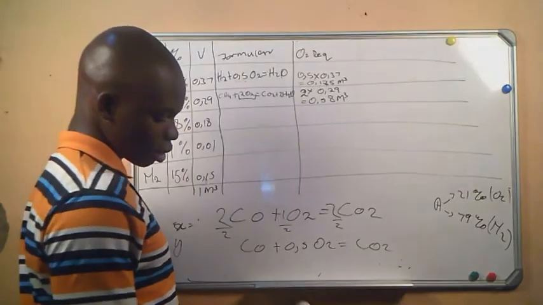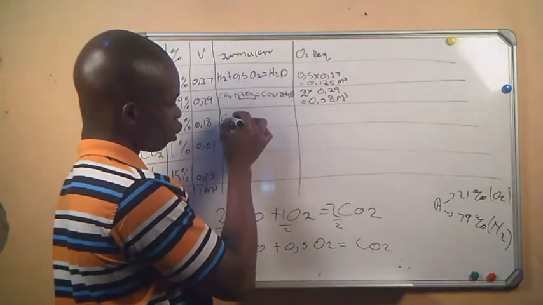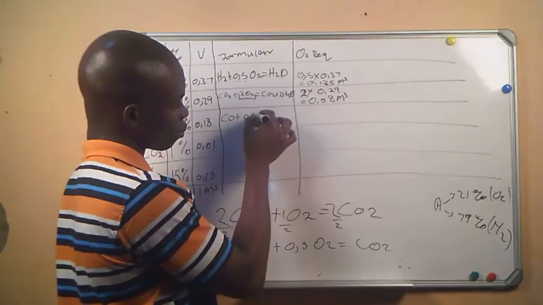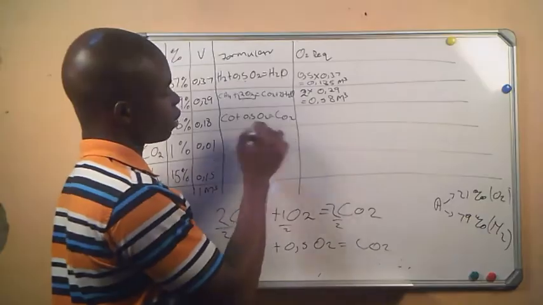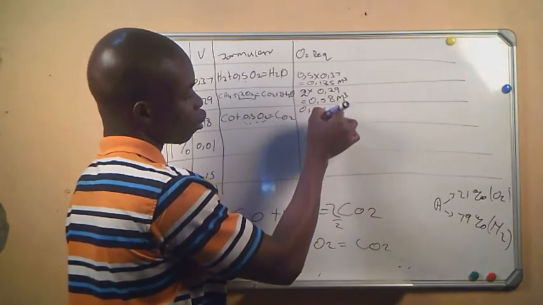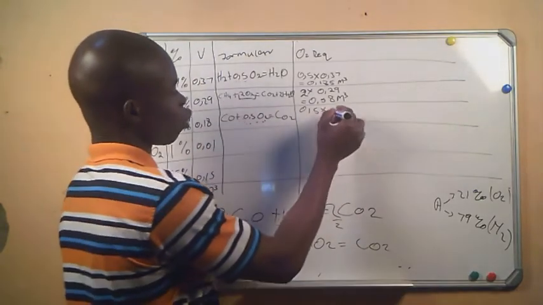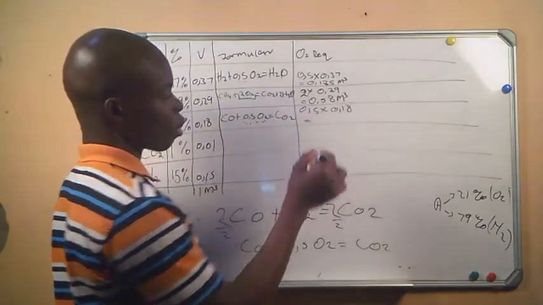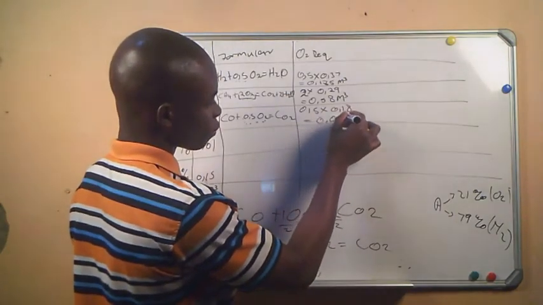We write this into our table, and then we say this number, 0.5 cubic meters, times the actual volume of carbon monoxide in this fuel, which is 0.18, equals 0.09.